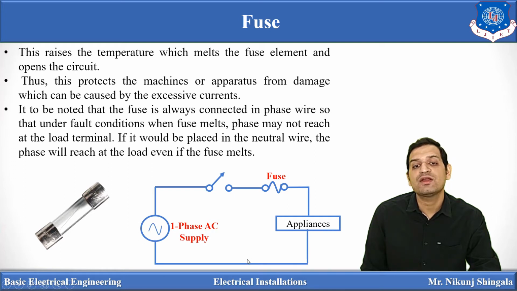Now suppose the fuse is connected to the neutral terminal, then if a faulty condition occurs, excessive current will flow from the phase to the appliance, so the appliance may get damaged and the fuse may melt after that, but the appliance cannot be protected in that condition. That's why the fuse is always connected in the phase wire.